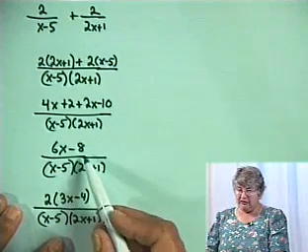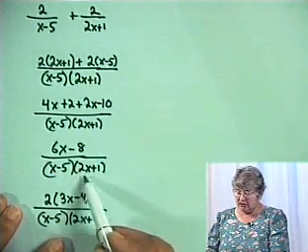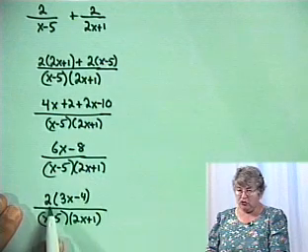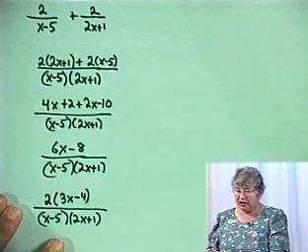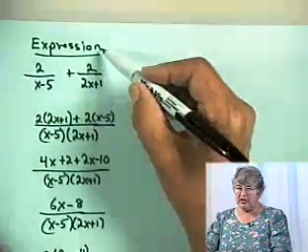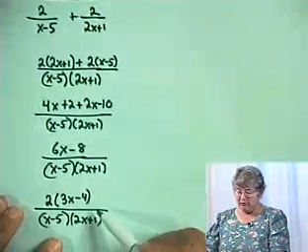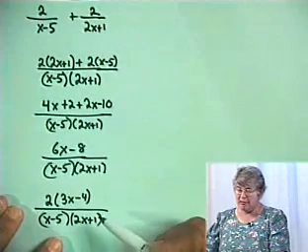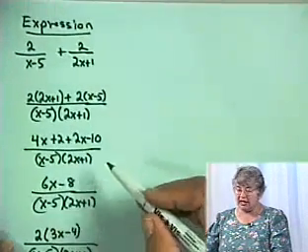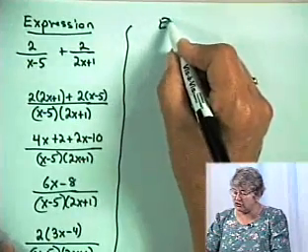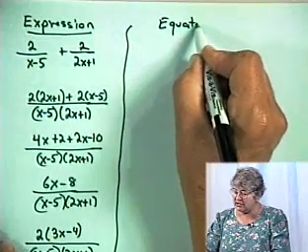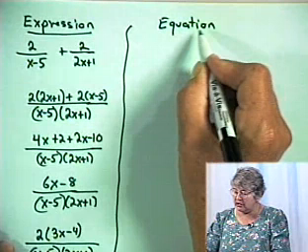So we could either leave it as 6x minus 8 over the lowest common denominator, or 2 times 3x minus 4 over the lowest common denominator. The important thing to remember is that with expressions, the lowest common denominator stays unless it gets canceled out.